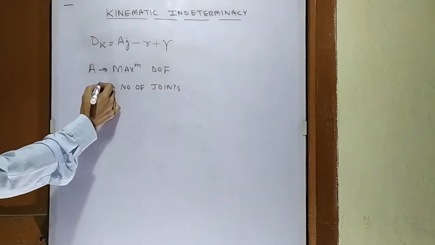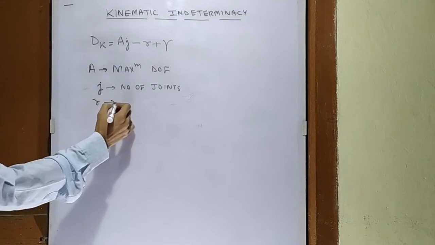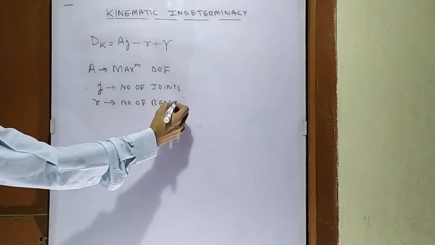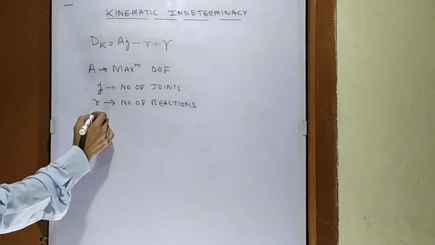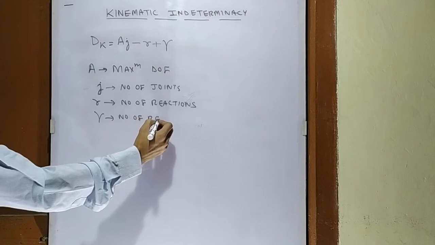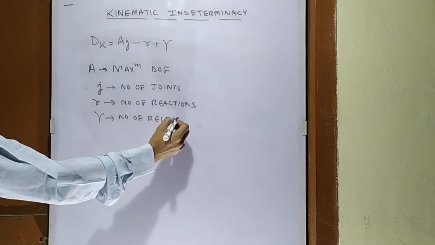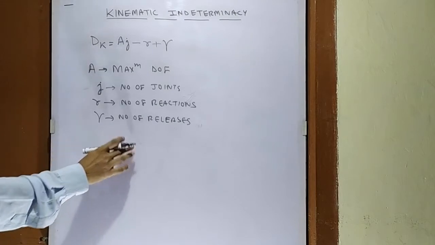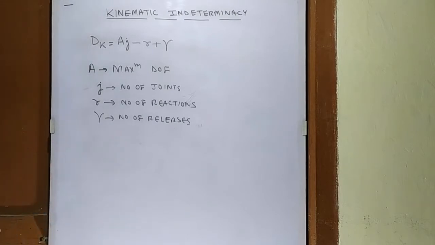And what is R? R is the number of reactions. And what is gamma? Gamma is the number of releases.